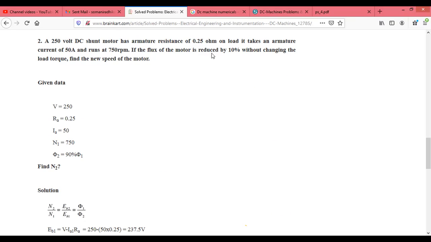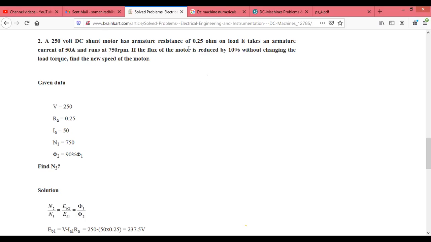With no load, NL, it takes armature current IA of 50 ampere. It will run at speed, capital N, because they have given rotation per minute. For the first condition, you can take N1.